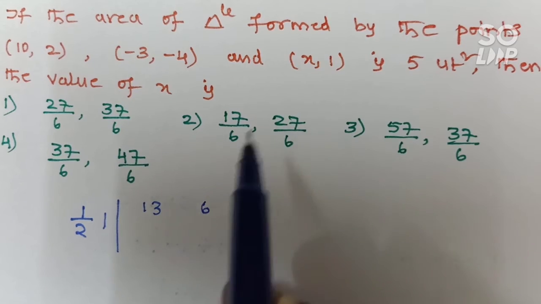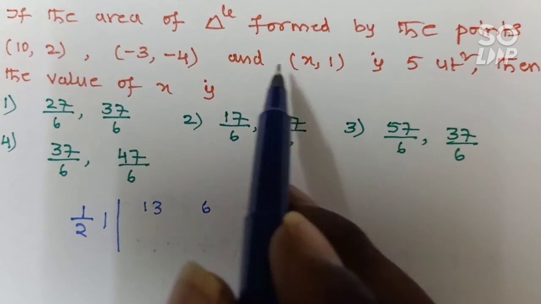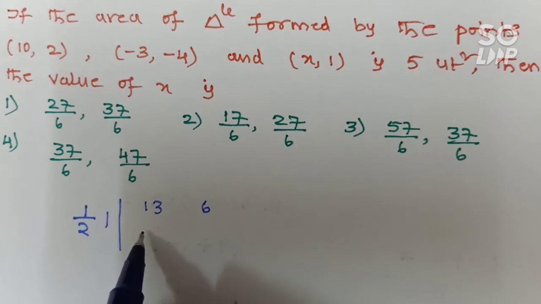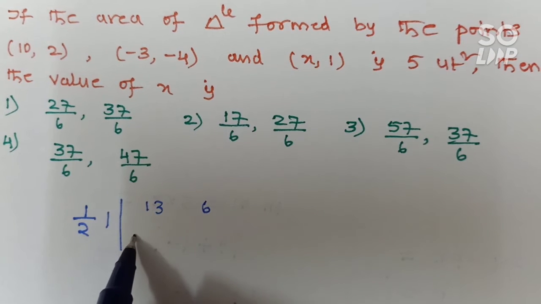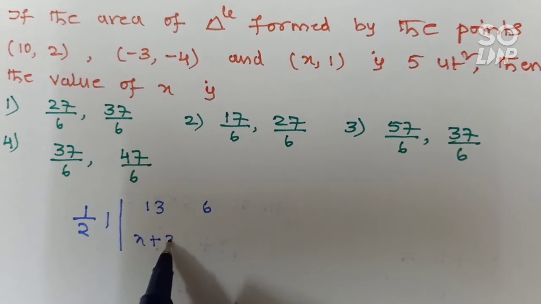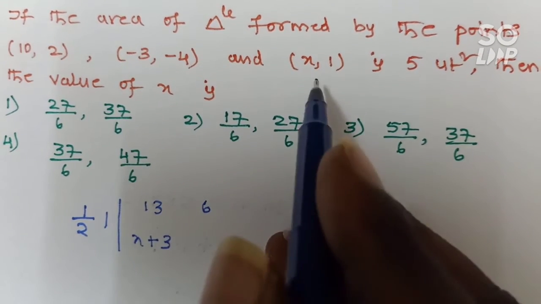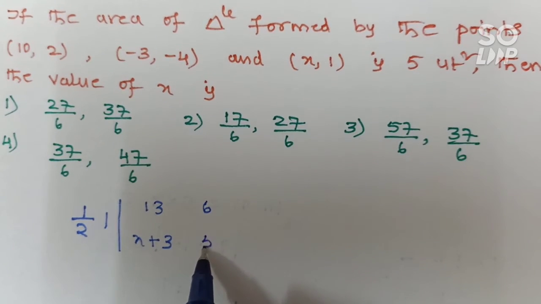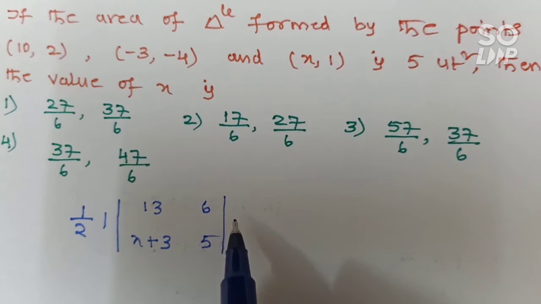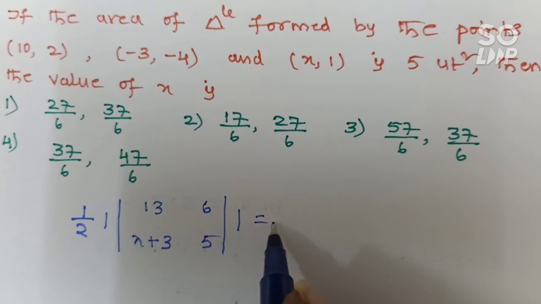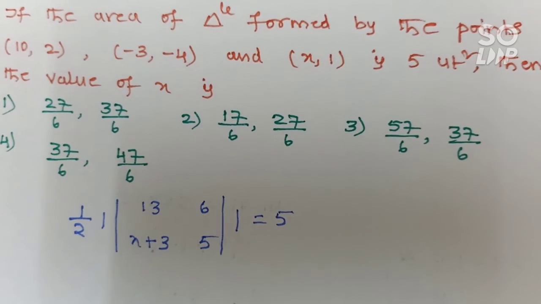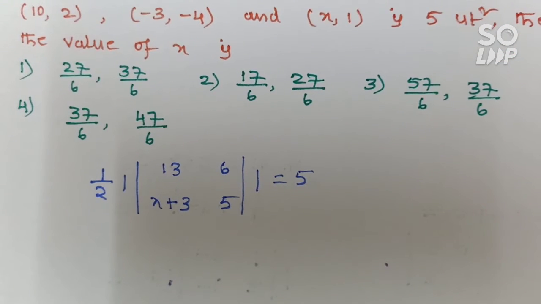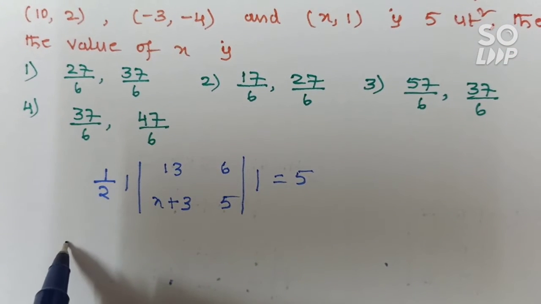And next x3 minus x2 will be x plus 3, and y3 minus y2 is 1 plus 4, that is 5. So this value will be equal to how much? 5 square units is given. Now you cross multiply this one.